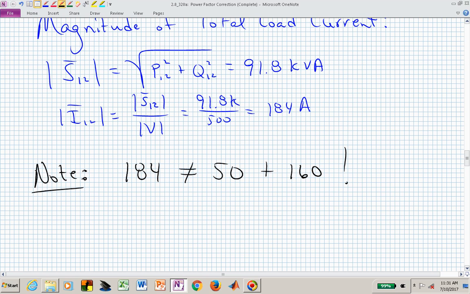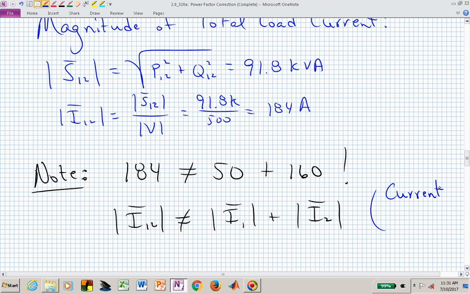There's 210 on the right and 184 on the left, and this just emphasizes this point that I've tried to make earlier, that currents and voltages are phasors, and we have to worry about magnitudes and angles and not just magnitudes.